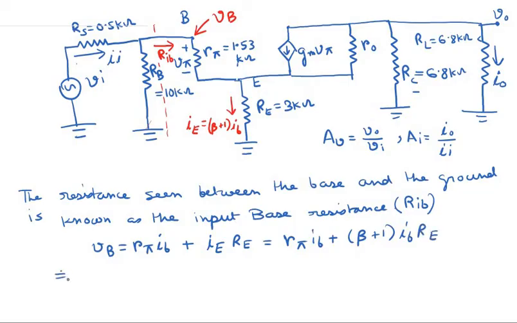So basically RIB, which is the input resistance seen looking into the base terminal, is basically VB divided by IB, the base voltage divided by the base current, which is R pi plus beta plus 1 times RE.